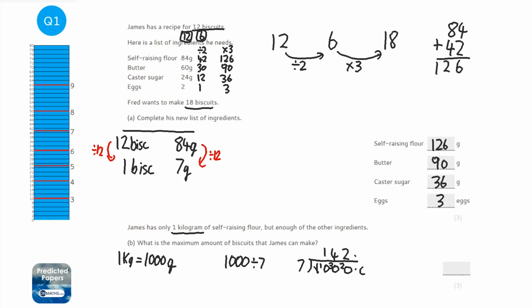Now, we could carry on with the remaining 6, but actually it just shows us that we've got 142 whole biscuits and then some left over at the end. We're only interested in how many biscuits he can actually make, which would be 142. He might have some flour left over, but it wouldn't make a biscuit. So the answer is 142.